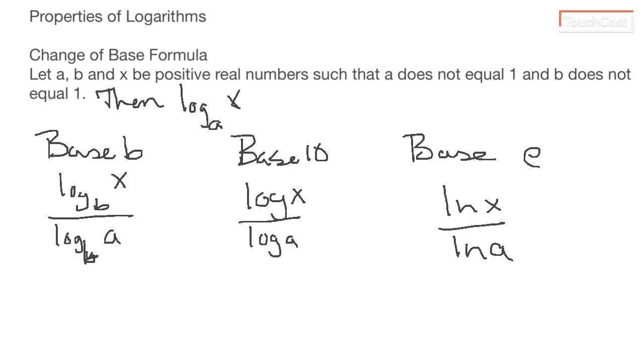So let's look at some examples. In example 1, we're going to ask ourselves, what is the value of the log with a base of 4 of 24? What does that equal?